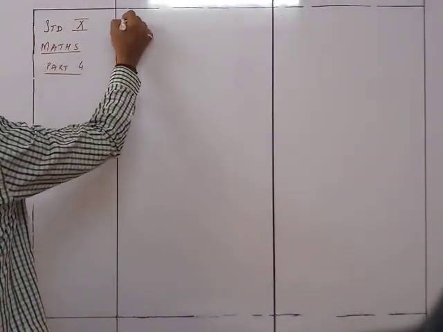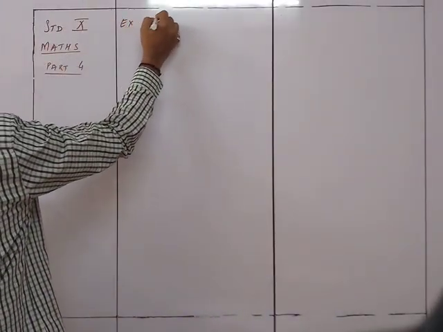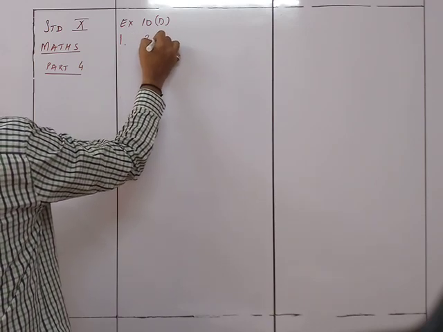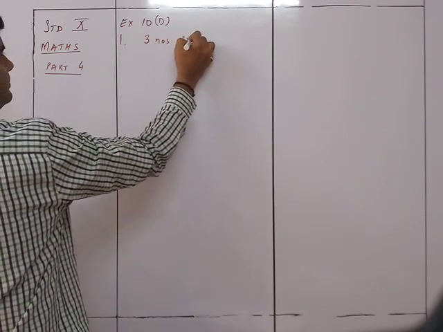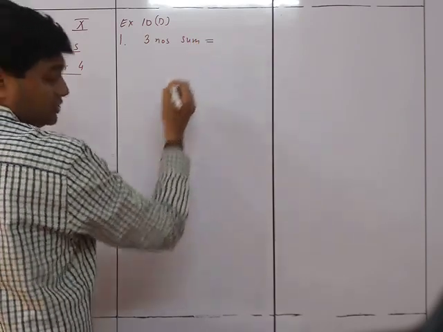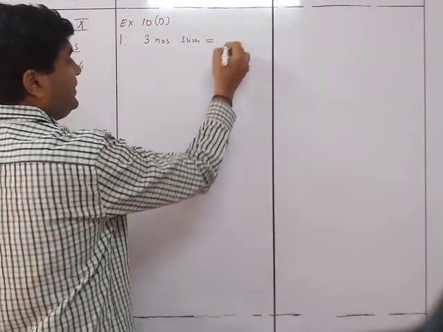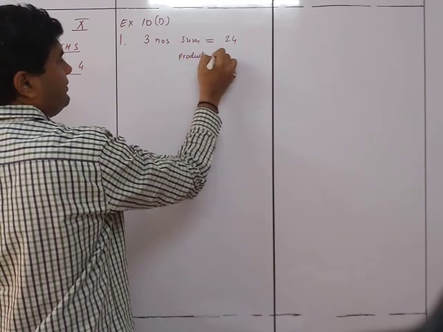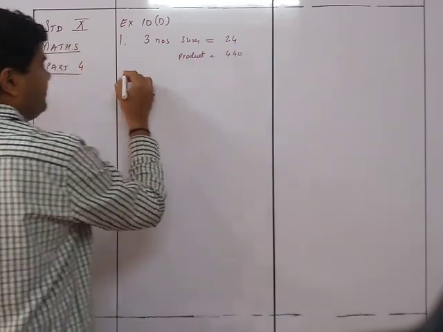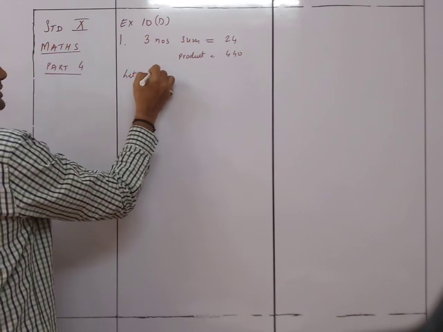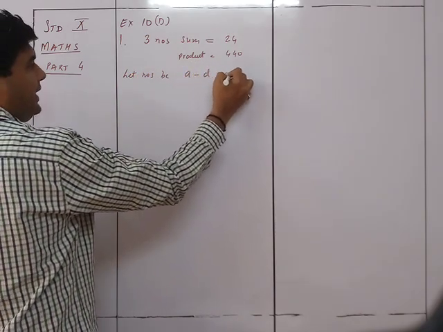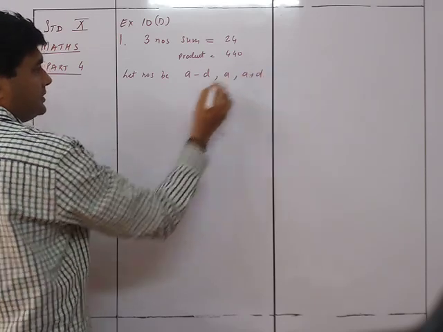So we have 3 numbers whose sum is equal to 24 and product is equal to 440. Let the numbers be A minus D, A and A plus D.